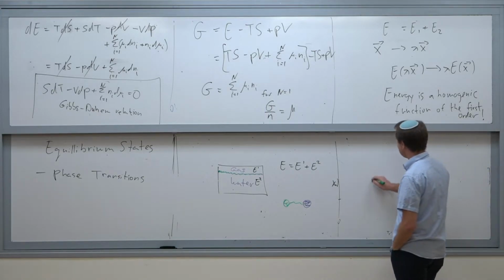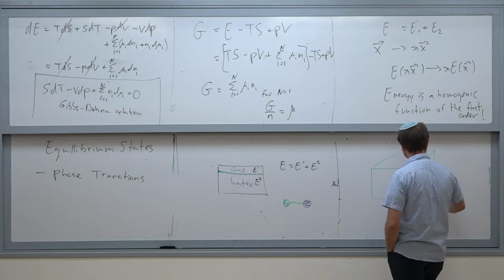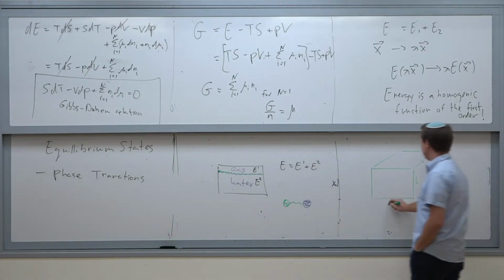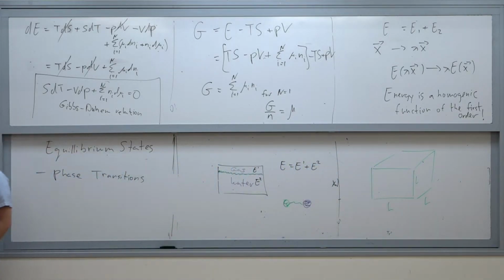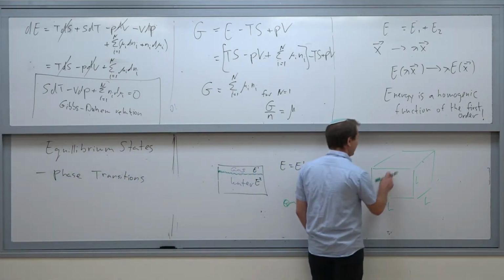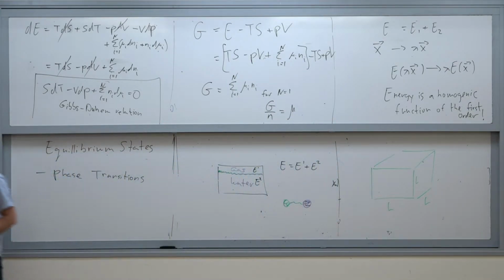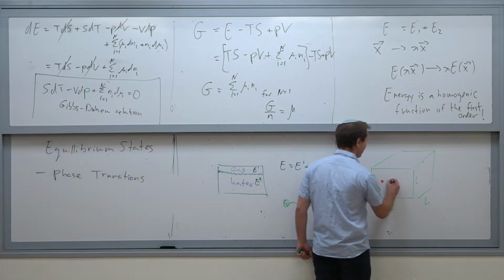So consider a box. It's a square box with size L by L by L. Now, I'm claiming that the energy inside this box is proportional to the number of particles inside the box.